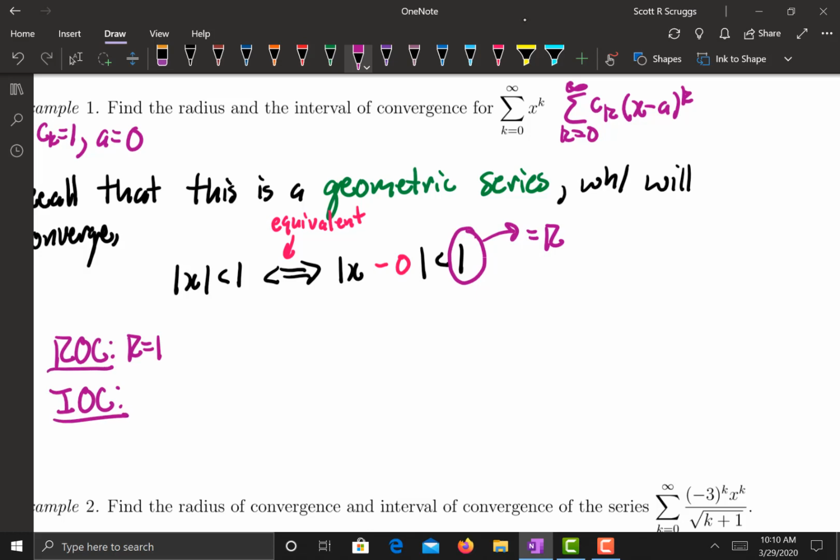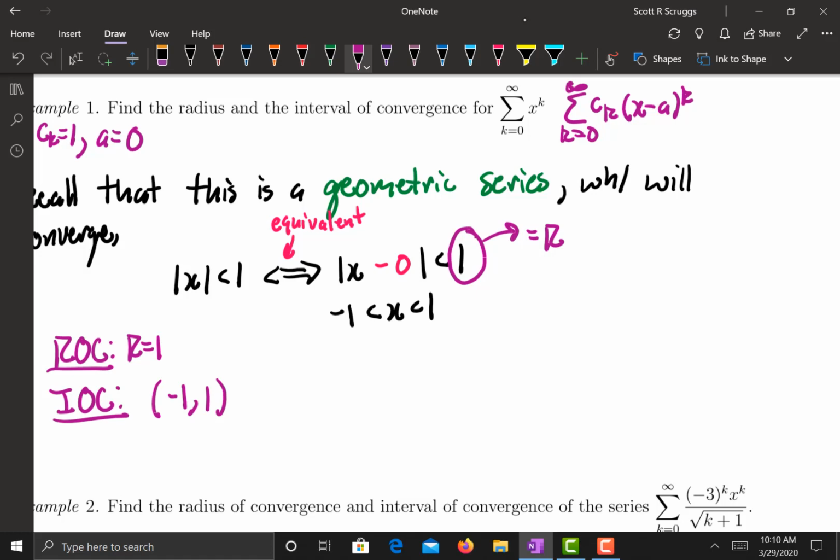And now we go ahead and figure out what the interval of convergence is. We recall that absolute value less than something is the same thing as saying -1 less than x less than 1. So our preliminary interval of convergence is -1 to 1.